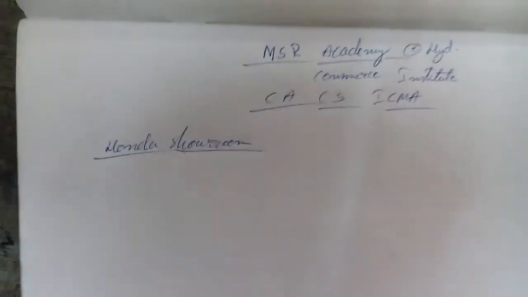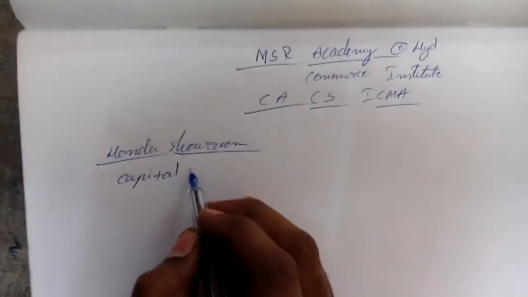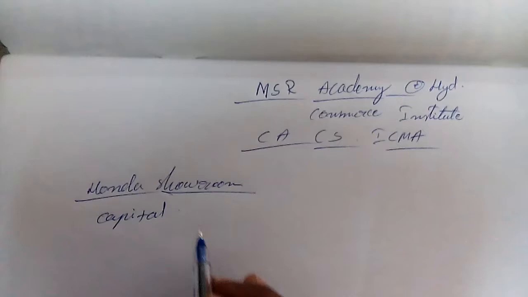If we are going to start a Honda showroom, then what is required? First of all, we require capital, that is the investment of the proprietor. This is the main initial investment by the proprietor of the organization.